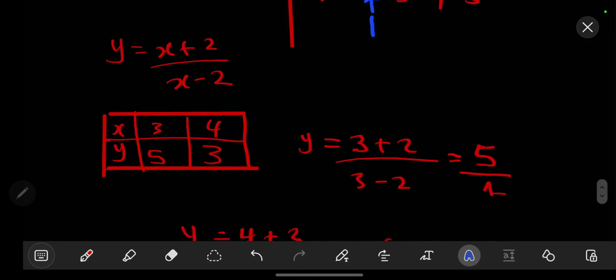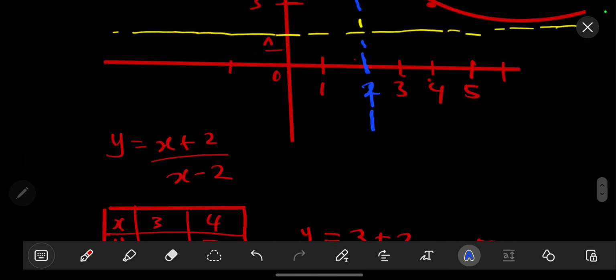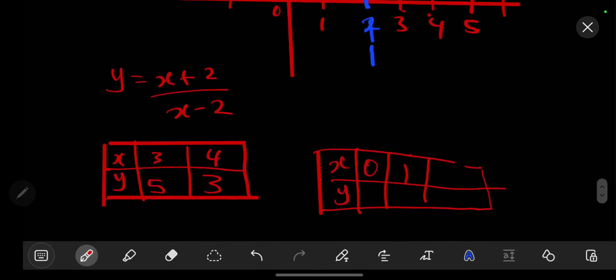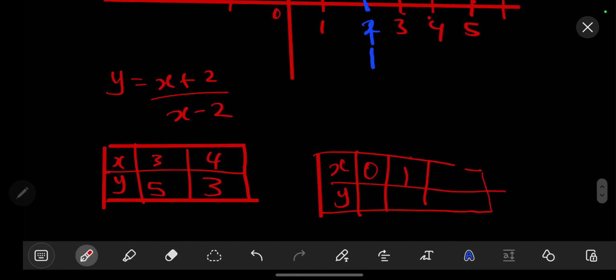Using 0, where there is x, we put 0. So y is equal to (0 plus 2) over (0 minus 2). This gives us 2 over negative 2, which is negative 1.